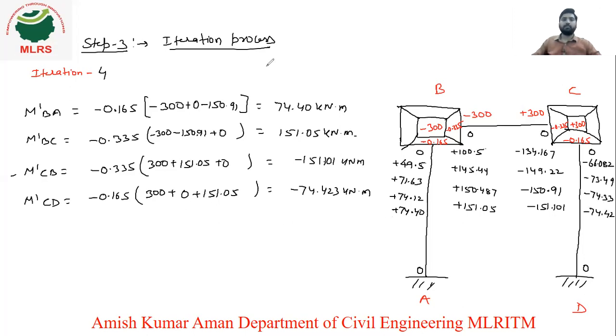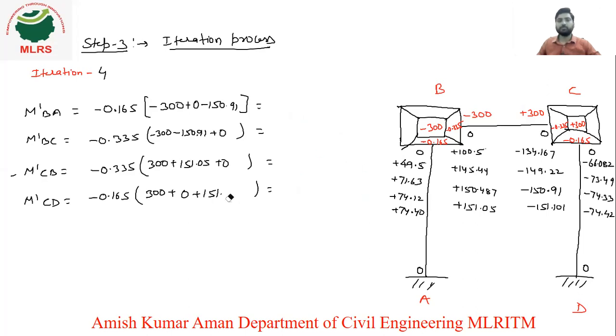Okay. Again, we will go for iteration number 5 because last two values are not very near to each other, right? So we will again go for iteration number 5 now. Again, only the contribution value will change. So here for near it is 0 because at A it is still 0.